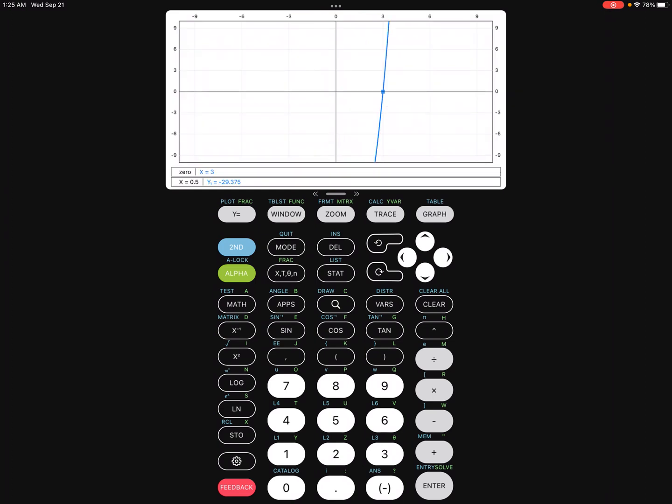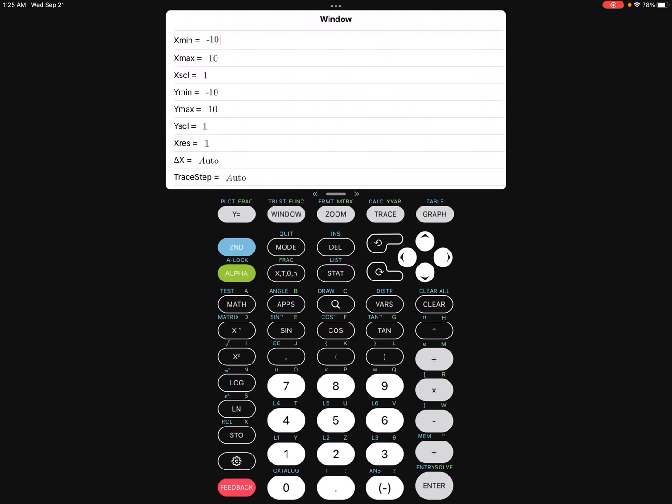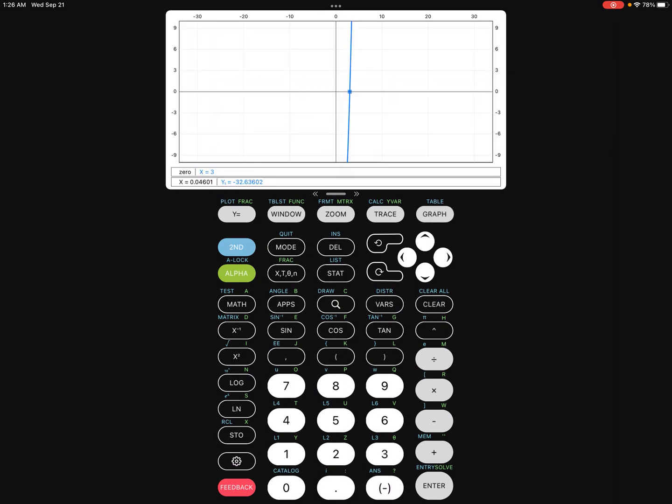And I can see that there is only one x-intercept. I can change my window just to make sure, because remember 33 was a factor, so I'll go out to 34, and I'll go to negative 34 just to make sure. Yep, I can only see one x-intercept.